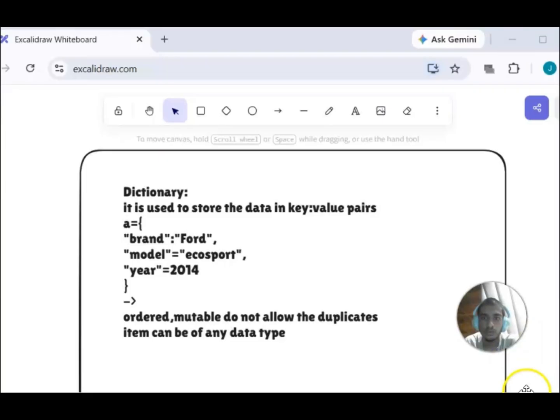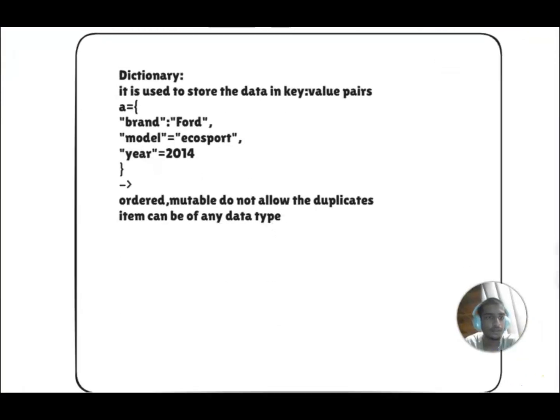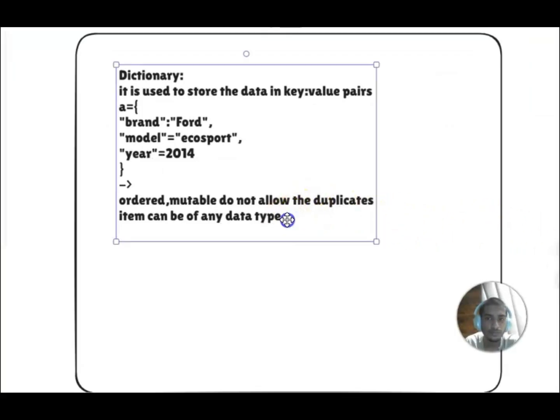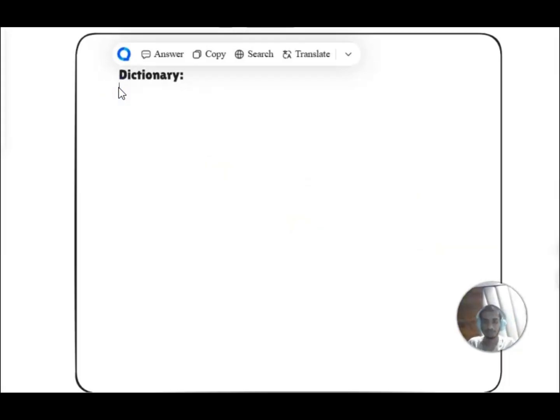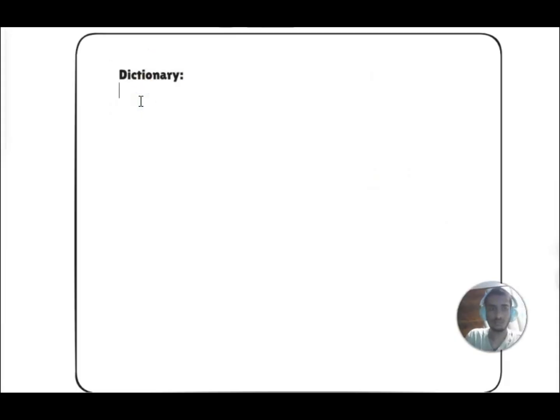Now let's see how to access the items from the dictionary. We cannot use the index directly here. We can use the key name here.